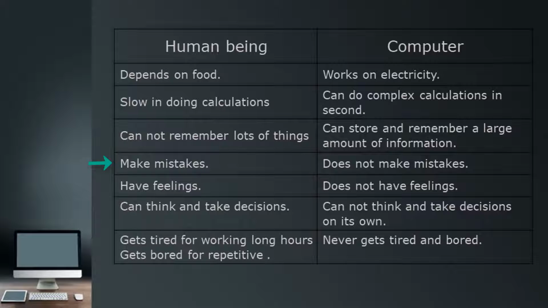Human being: makes mistakes. Computer: does not make mistakes. Human being: has feelings. Computer: does not have feelings. Human being: can think and take decisions. Computer: cannot think and take decisions on its own. Human being: gets tired for working long hours, gets bored for repetitive work. Computer: never gets tired and bored.